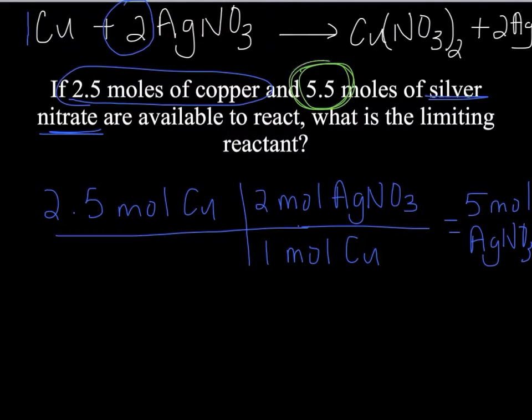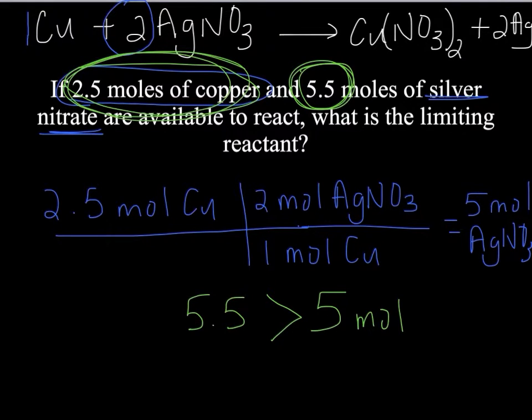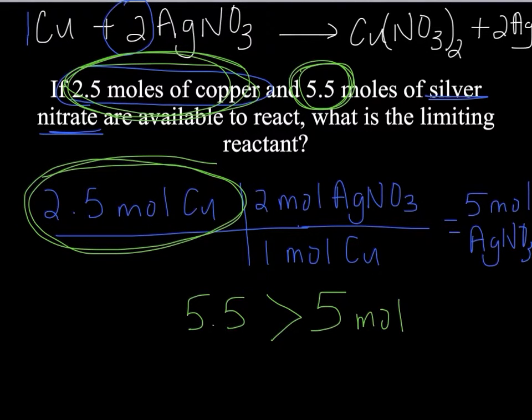Well, I see right here, I have 5.5 moles of silver nitrate, and I know 5.5 is well over what I need to react with all my moles of copper, which is just 5 moles. So therefore, I know I have enough silver nitrate, so therefore my copper is my limiting reactant. So 2.5 moles of copper is the limiting reactant for this problem.